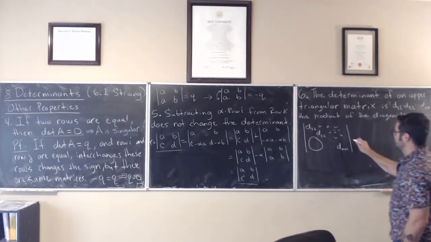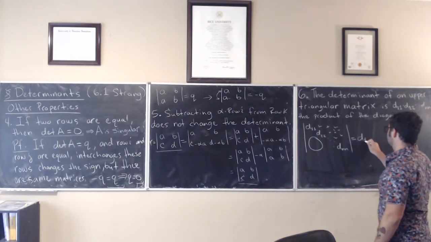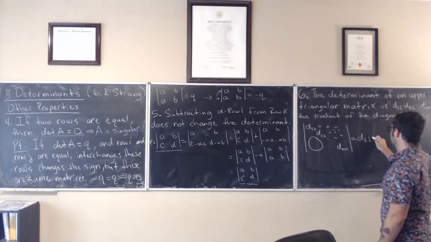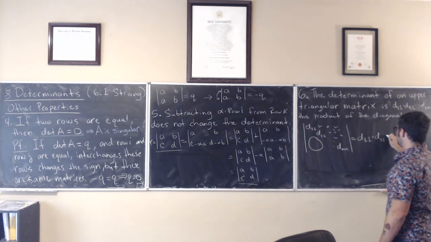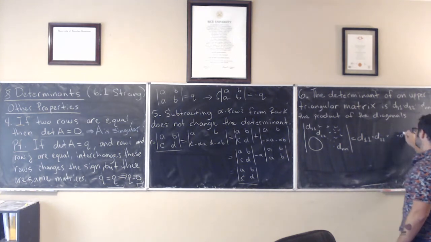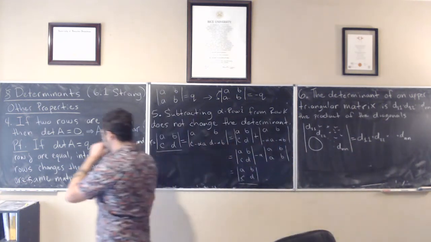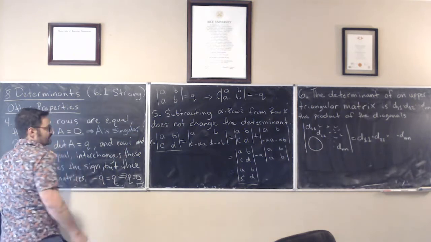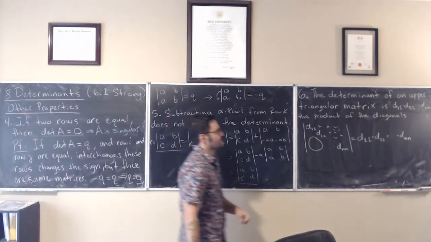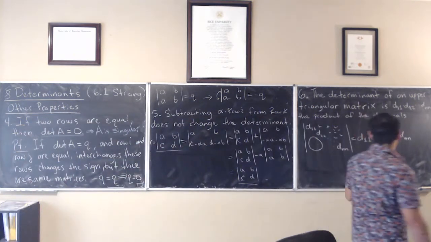So why would this formula hold? Well, this goes back to a combination of rules. So this is a combination of rules 3a and rule 1.